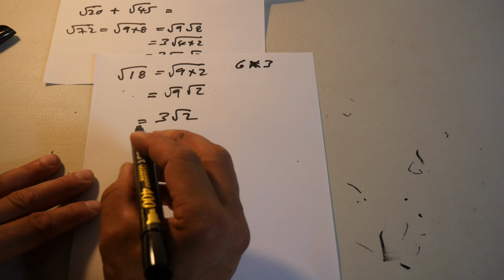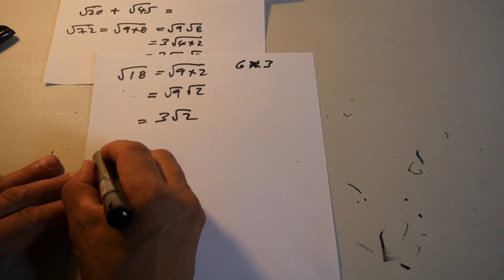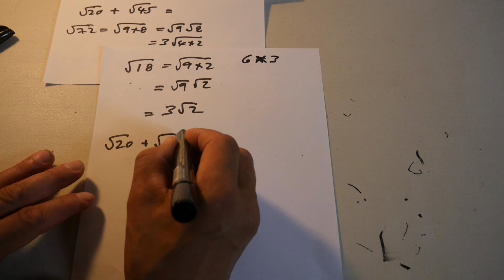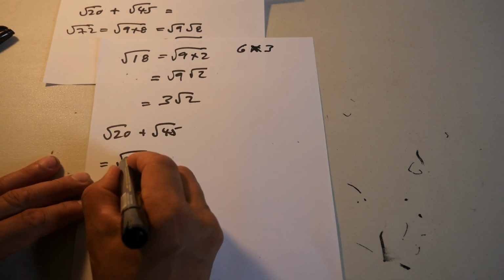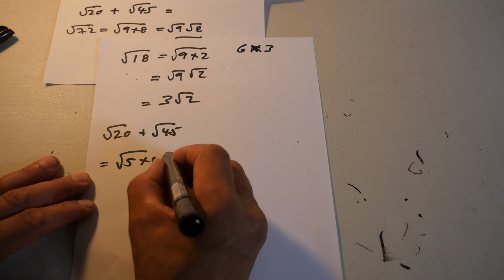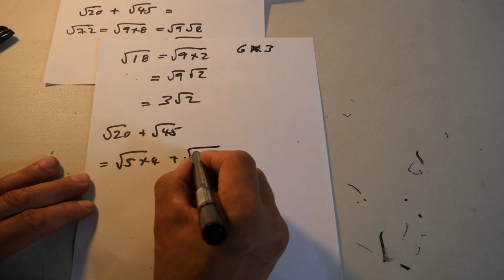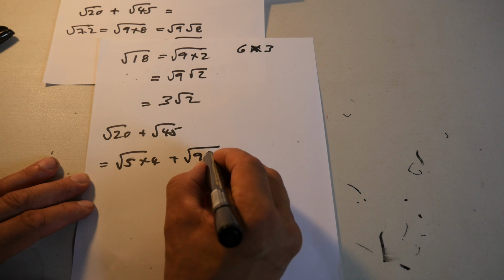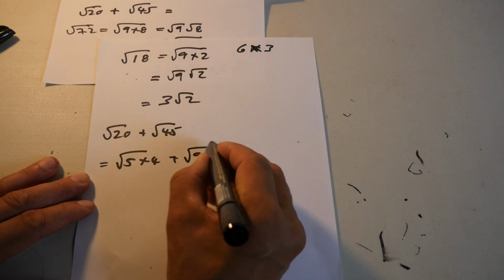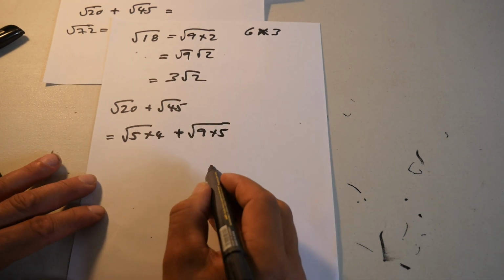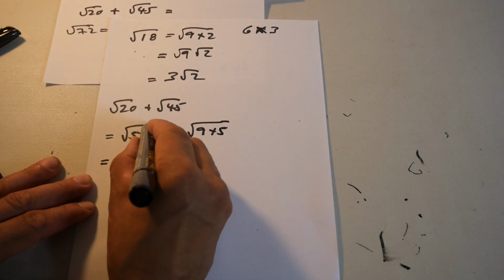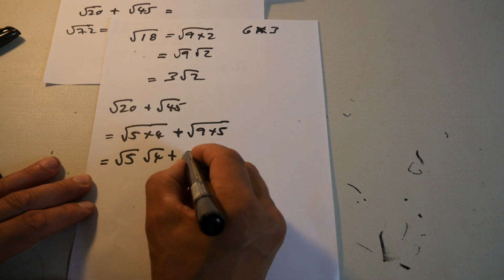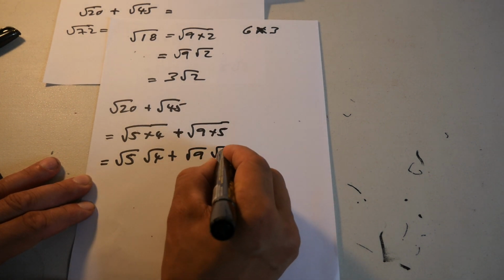And then last but not least, the square root of 20 plus the square root of 45 equals the square root of 5 times 4, plus the square root of 9 times 5, since 9 5s are 45. Which equals the square root of 5 times the square root of 4, plus the square root of 9 times the square root of 5.